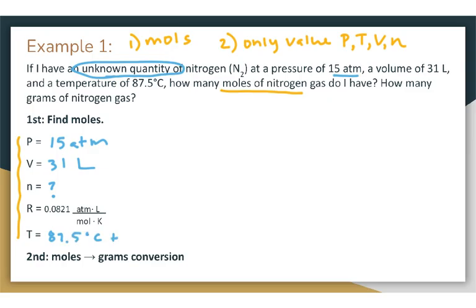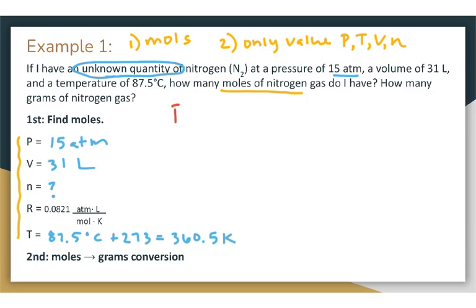I know I'm going to want that temperature in degrees Kelvin, so I'm going to add 273 using that conversion just like we have in the past. So that's going to give me 360.5 Kelvin.